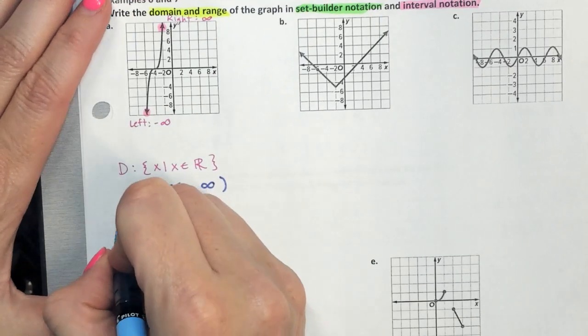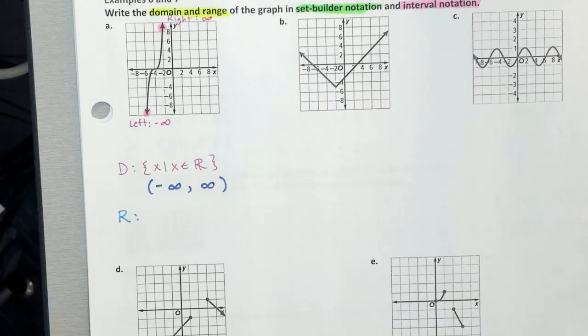Okay, now when you're doing the range, why don't you actually give that a try? Even if giving it a try is just looking at it and thinking about it. Okay, if you aren't sure where to start with this one, remember for domain we were looking at left to right.